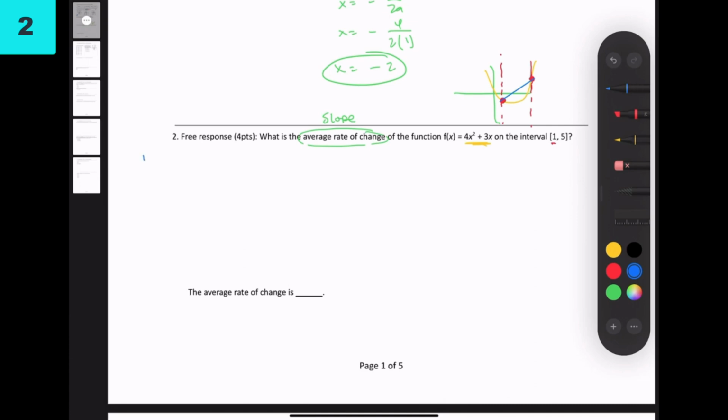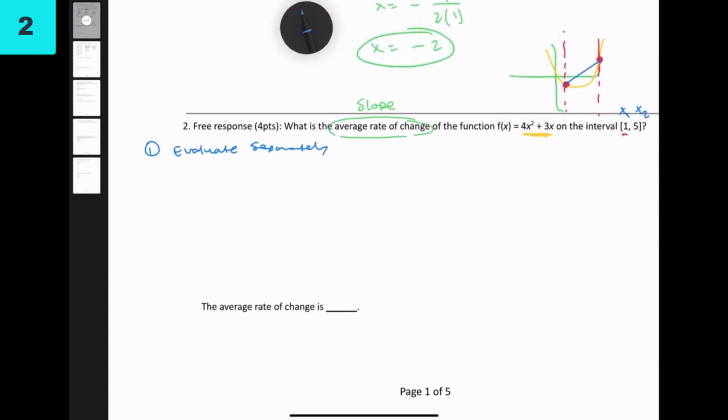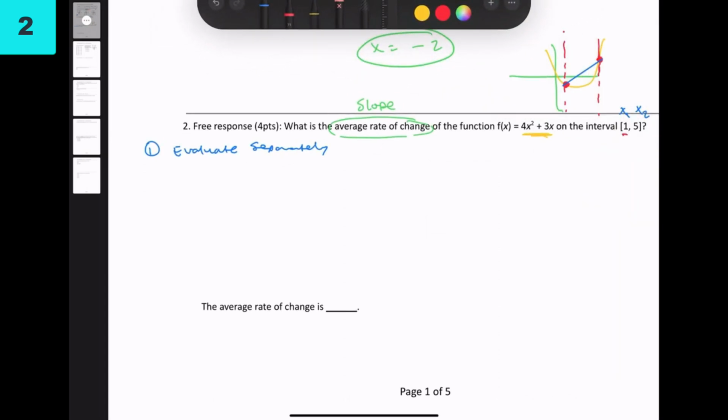So you can evaluate separately, which basically means this is your x1, this is your x2. It's not an ordered pair, it's an interval.